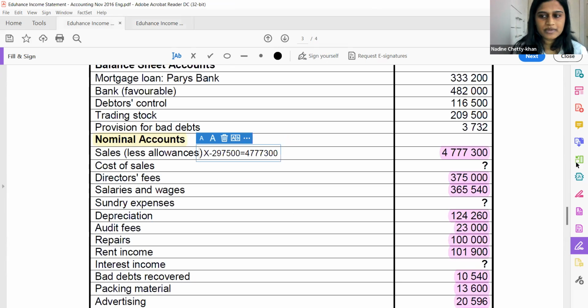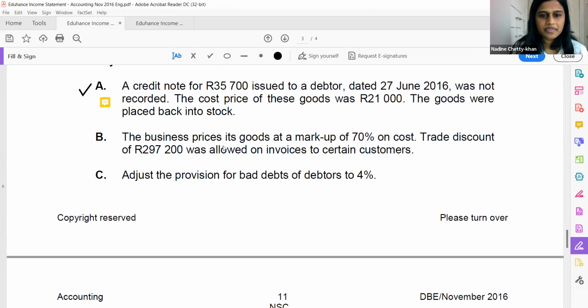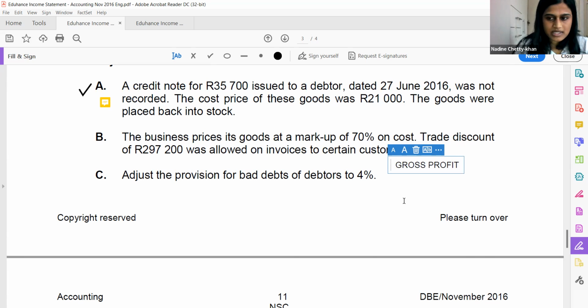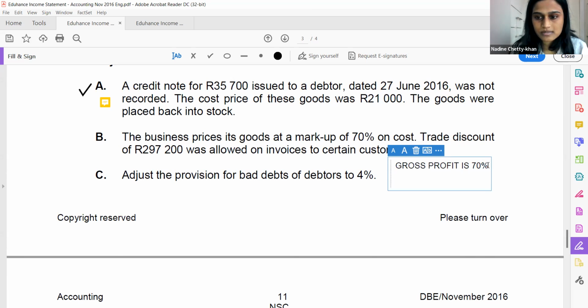The question said that the price of goods is a markup of 70% on cost. So gross profit is 70% on cost.